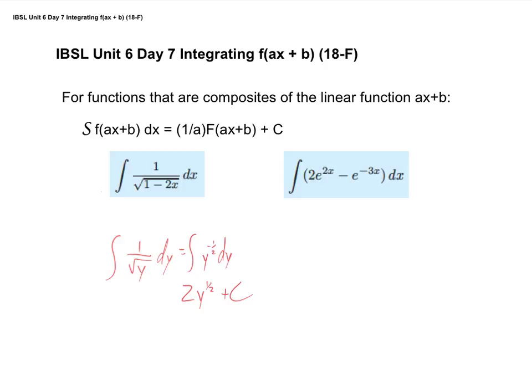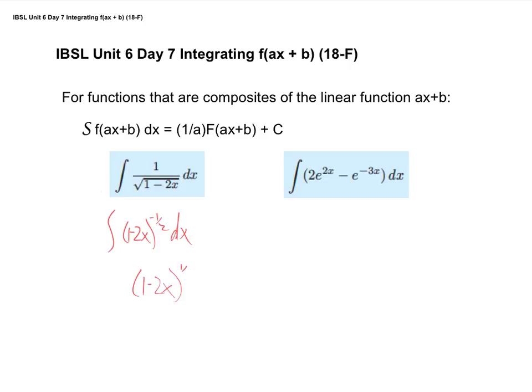Now, we're going to do something very similar to that with this, okay? Instead of a y, we're going to use this 1 minus 2x to the negative 1/2. And it is going to be 1 minus 2x to the positive 1/2 times 2.